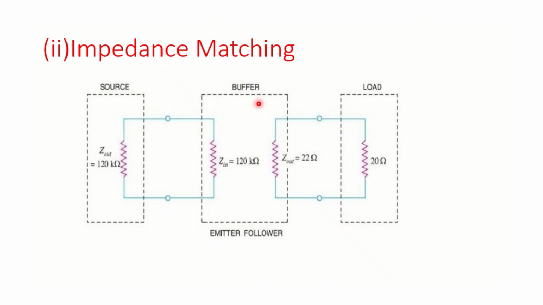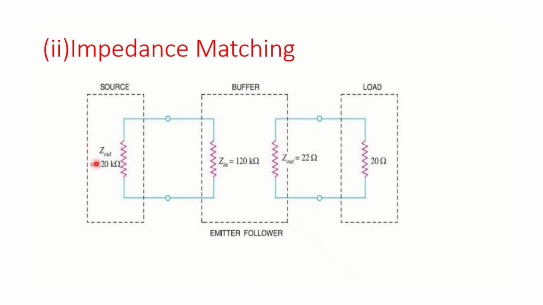The next application is impedance matching. As we can see in this figure, there is a source whose output impedance is 120 kilo ohm, and we have a load which has an impedance of 20 ohm. As we can see, there is a very big difference between the impedances of source and load.